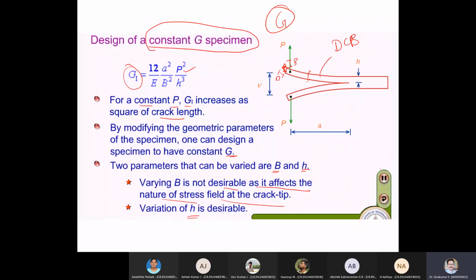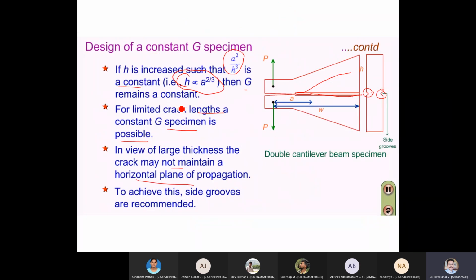To get a unique value, you have to maintain a ratio with respect to H and A. Then you will get the consistent value.